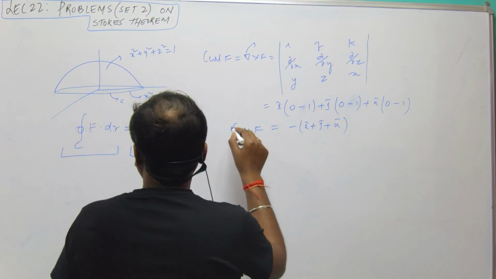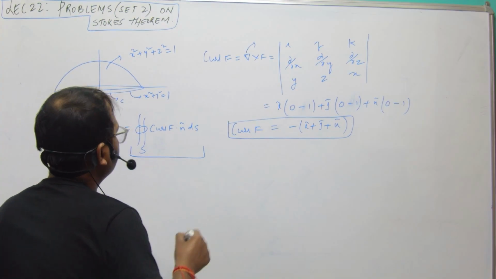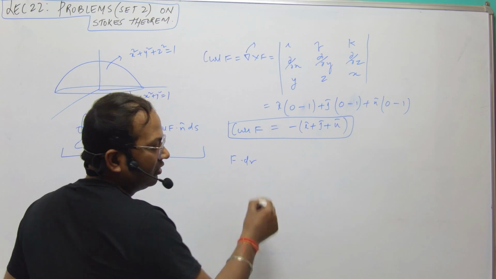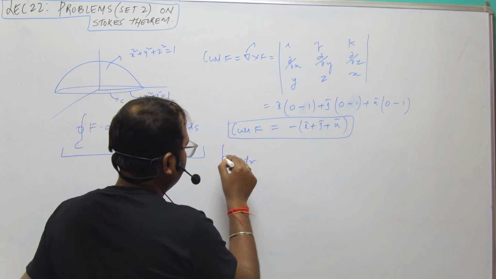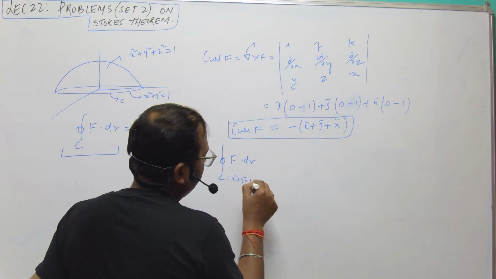Let us find the integral of F dot dr along the curve C, where the curve C is x square plus y square equal to 1.